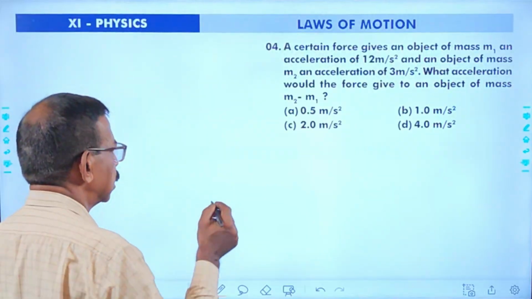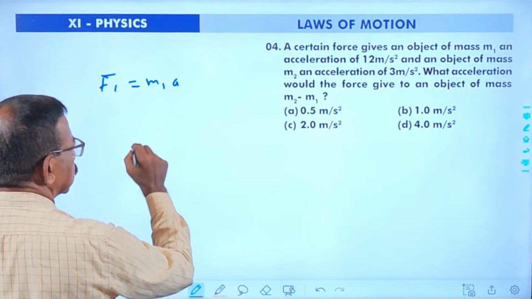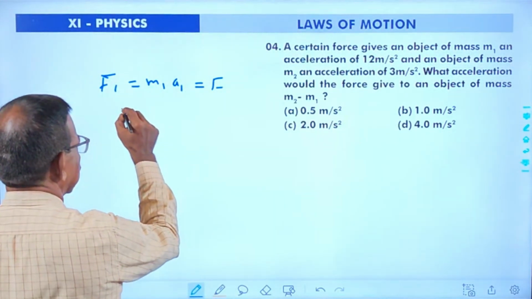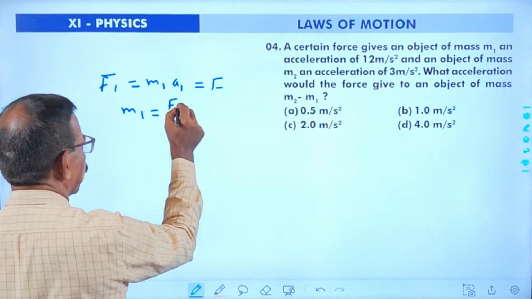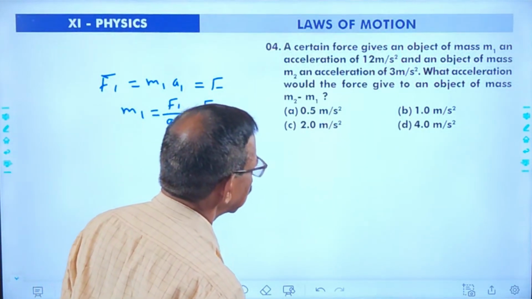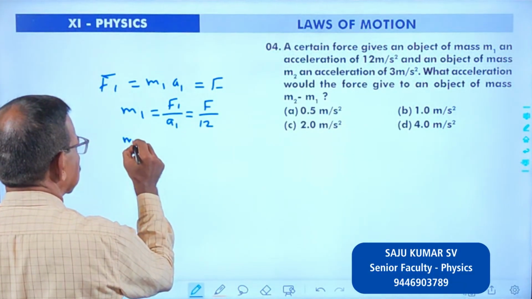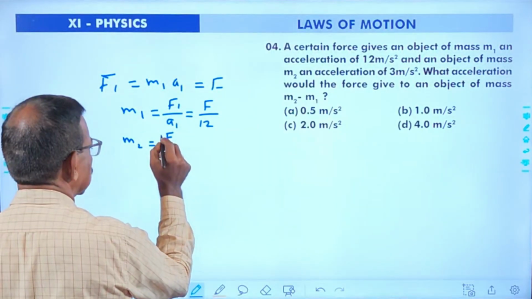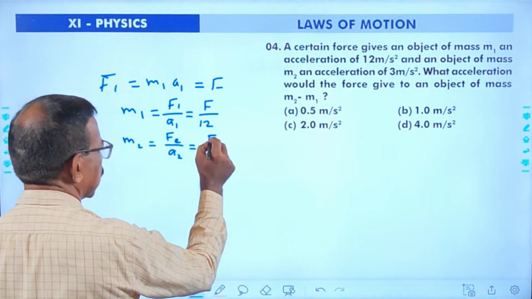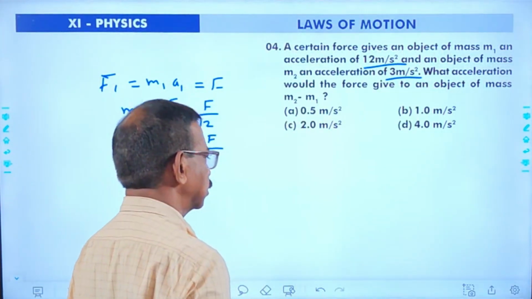At first we have a force relation F1 equals m1 a1. Both the forces are F. That is m1 equals F1 by a1. F1 is F and the a1 is 12 meter per second square. Similarly, we have m2 equals F2 by a2. F2 means F, a2 is given as 3 meter per second square, second acceleration.